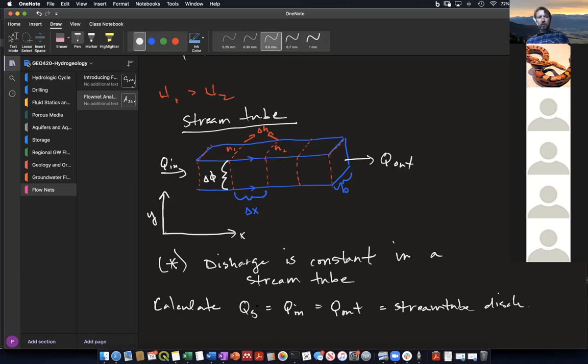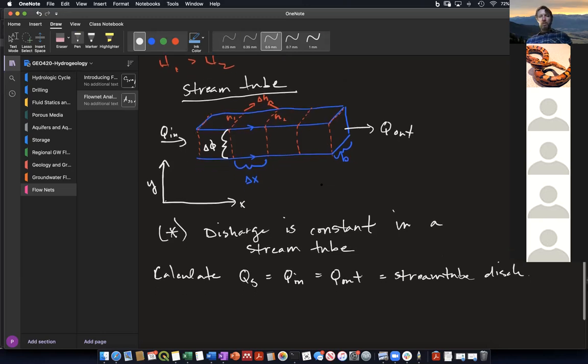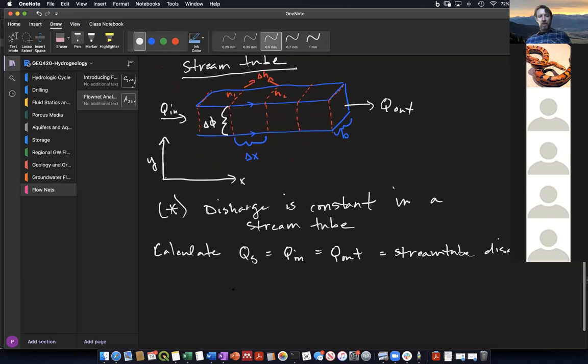So what is Darcy's law for big Q? Q equals negative K times the area times dH over dL. Darcy's law for big Q.